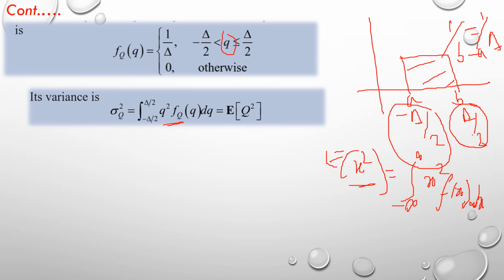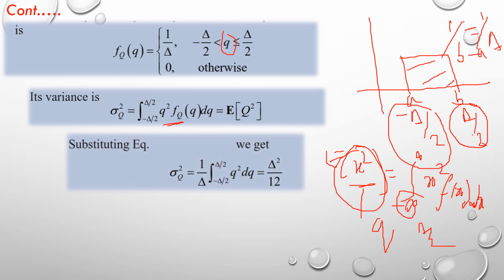So modifying this equation, the mean variance sigma q squared is equal to the integral from minus delta by 2 to delta by 2 of q squared f_Q of q into dq.